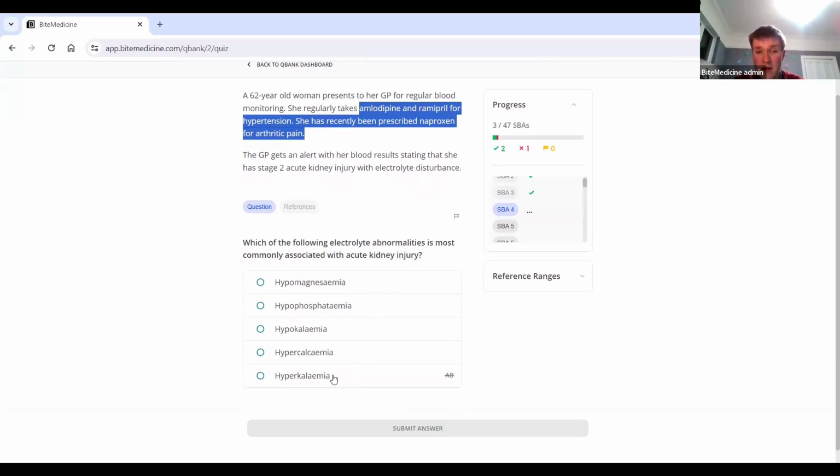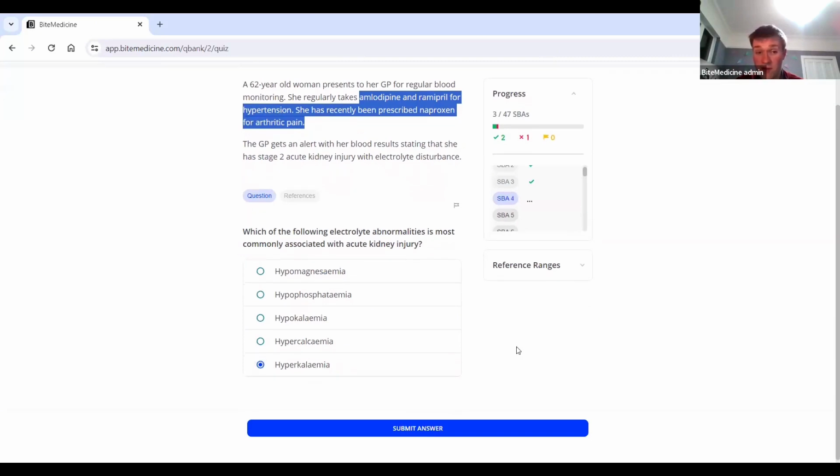Well, I think it's fairly common knowledge that patients with failing kidneys end up with hyperkalemia, so high potassium. There's a number of different reasons why this happens. It's a little bit to do with the fact you gain a sort of acidemic state, so you do this kind of proton for potassium exchange.